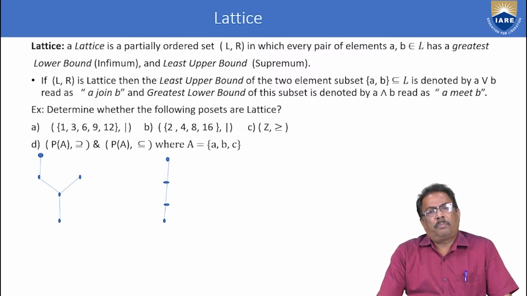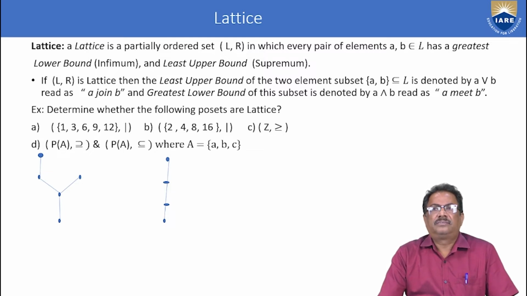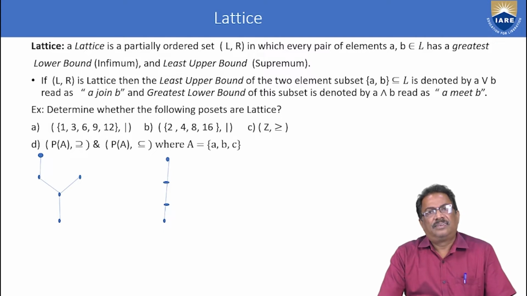Now, a partially ordered set is said to be a lattice if every pair of elements you consider has a least upper bound and a greatest lower bound. In such a case, that partially ordered set is known as a lattice.